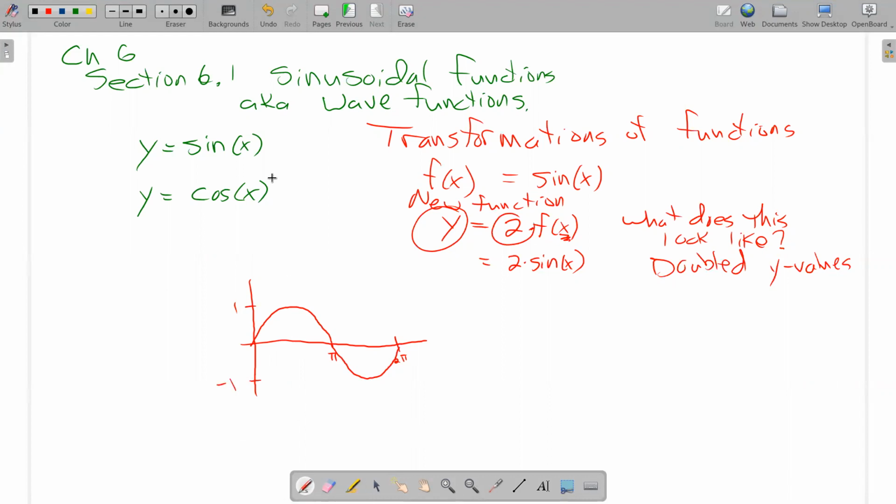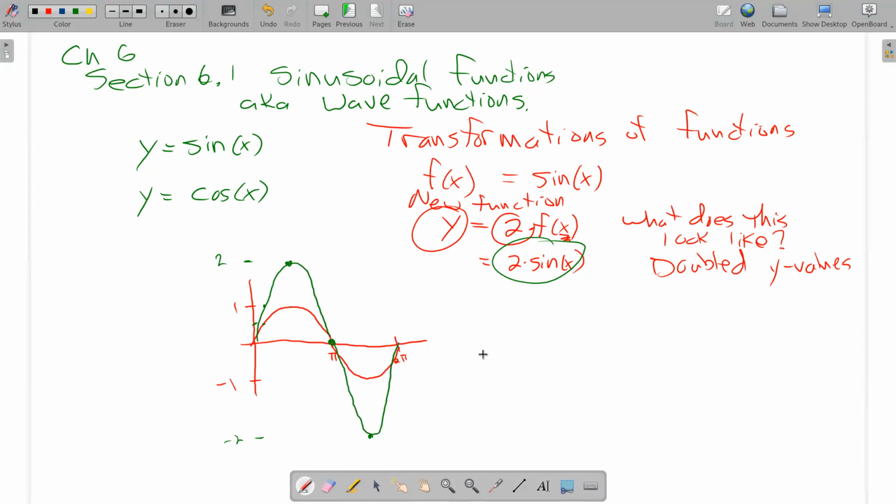My prediction, based on my previous experience in math, is that when I double the sine, that should double the y values, and I should get a peak up here at +2, and a peak down here at -2. So doubling 1 gives me 2. If there was a y value of 1/2, double that should be 1. If you double 0, you still get 0. So I think my function is going to look something like this. It's just going to be a taller wave.